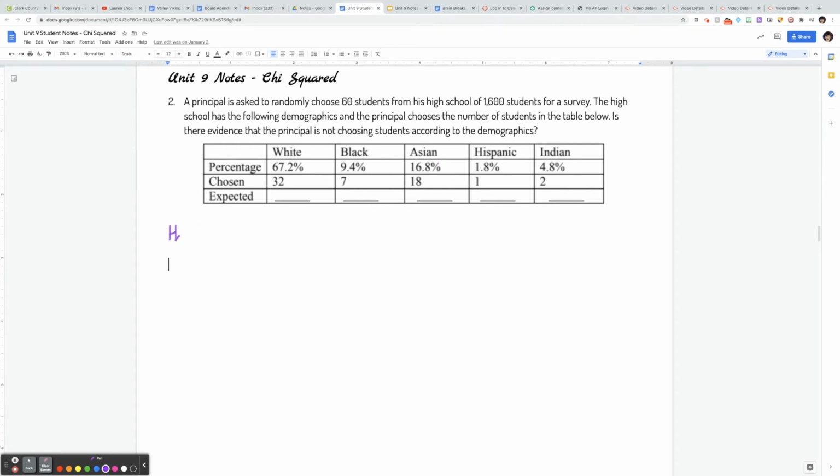Okay, so remember, H stands for hypotheses. So your null hypothesis is that the stated distribution of students chosen is correct.